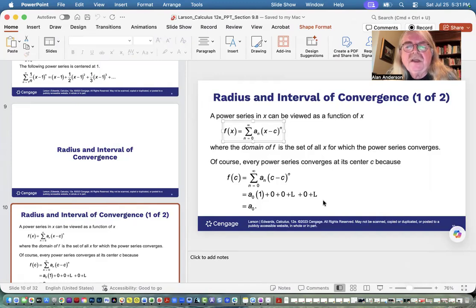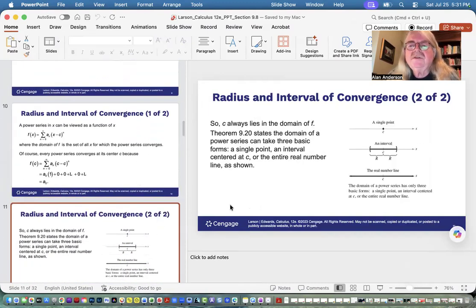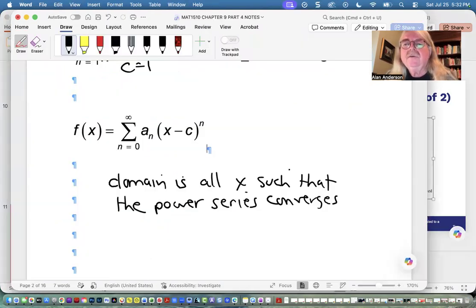So here, for example, every power series converges at its center, because if x equals c, then all we end up with is a0, which means that's the constant they add up to. So this introduces this notion of radius and interval of convergence. For some of these series, they only converge at a single point, which is the center.